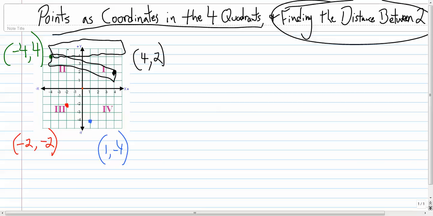That would give me an answer. It might even be a pretty good answer. But a more precise answer can be gotten by making this into a triangle. Why a triangle? That's because in a triangle that has a right angle in it, we can use something called the Pythagorean theorem.